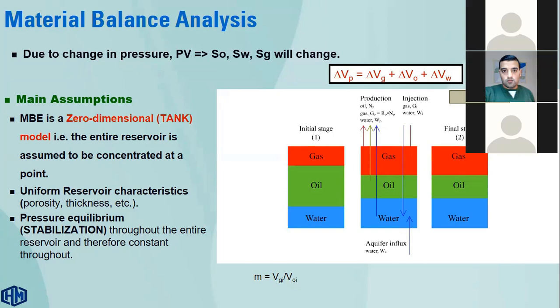This means we consider the reservoir has uniform characteristics like porosity and thickness; different reservoir properties are considered consistent or uniform. Also, we consider we have pressure stabilization or pressure equilibrium throughout the entire reservoir.